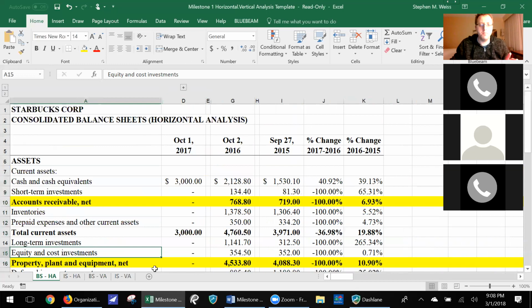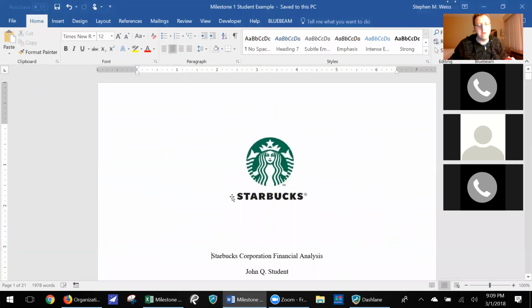Let me pull up a sample paper real quick. This is from a student about a couple terms ago. I'm not quite sure. She did relatively well. This was her first accounting course, financial course, and she really put a lot of work into this because, as you can see, she has a total of 21 pages.